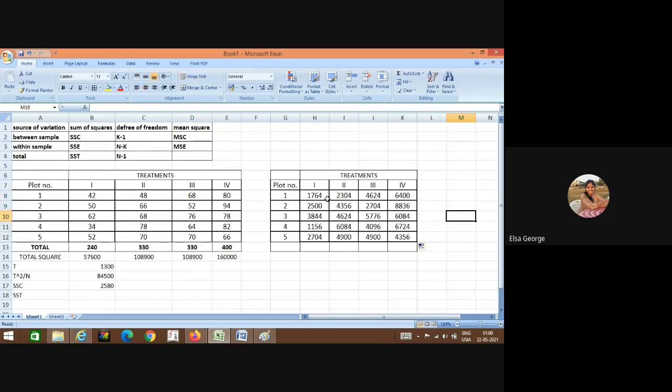So I have taken the square of each value.